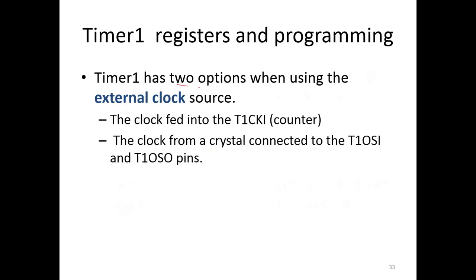Timer 1 has 2 options when using an external clock. We can use it as a counter if we are feeding the clock source into the timer 1 clock input, or we can also add an additional crystal. So we can have our PIC microcontroller with its crystal connected to the pins OSC1, oscillator input, and OSC2, oscillator output.